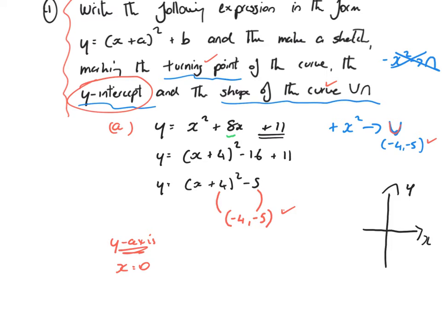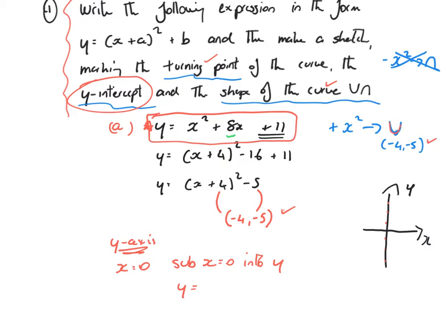So, where in the y-axis are we? Well, we can establish that by knowing that x is equal to 0, because we then take that x equals 0 and we can sub it into y. Okay, so there's my equation for y, and I'm going to sub in x equals 0.